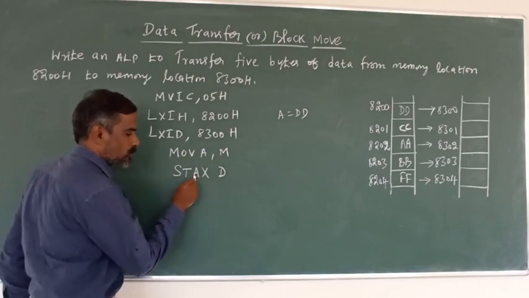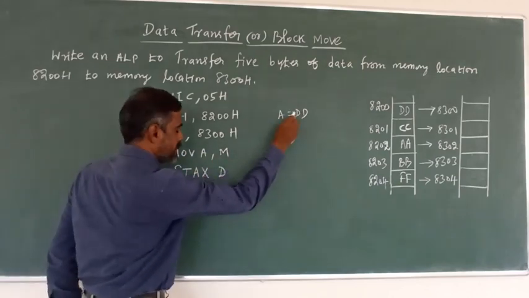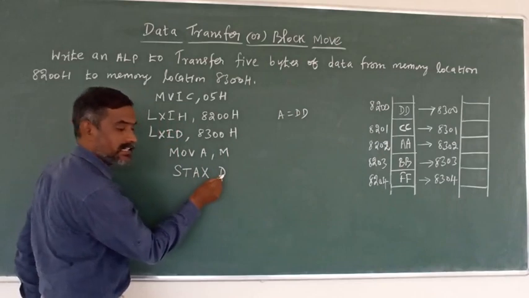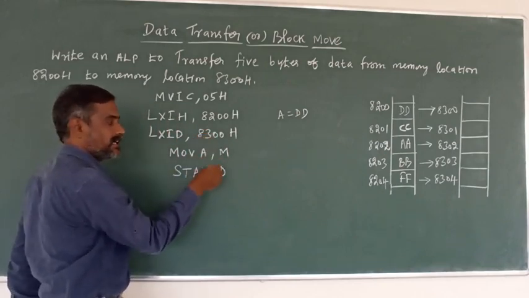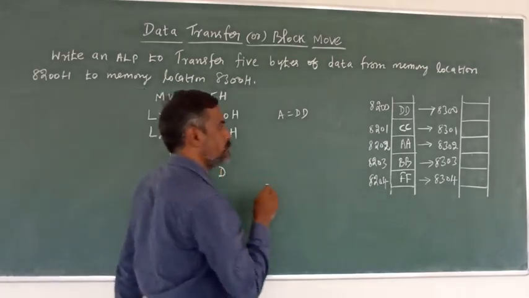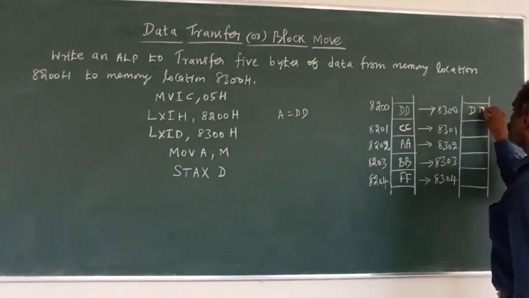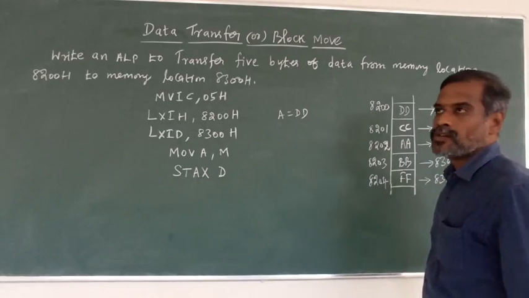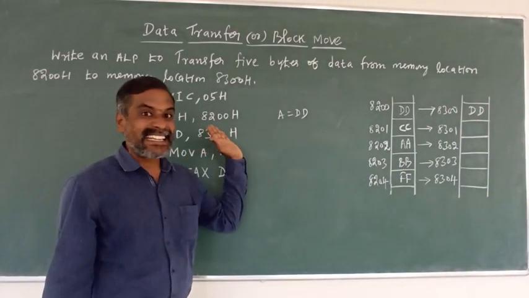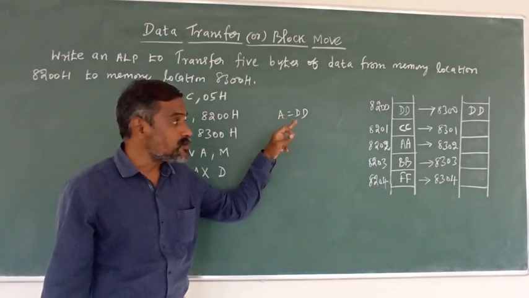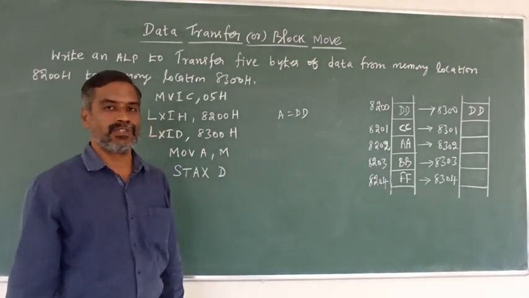STAX means store the accumulator DD data indirectly at the DE register pair address. Now DD data is stored. Okay, data 1 is transferred from 8200 to 8300.